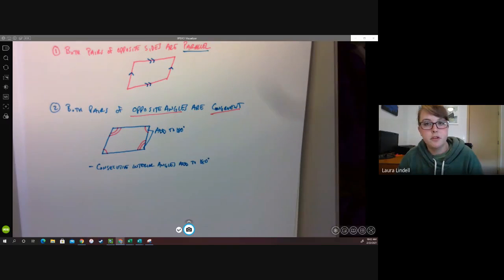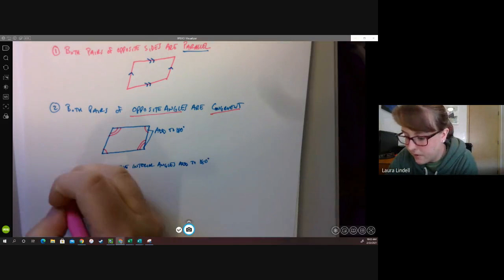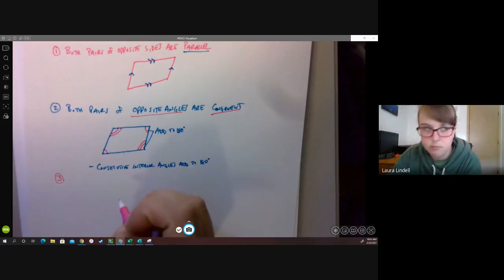Okay, so there's 2 properties. We're looking at 2 more. Then we'll do some examples and be done. Okay, this one's going to be one that everybody likes because it's fairly simple to employ.